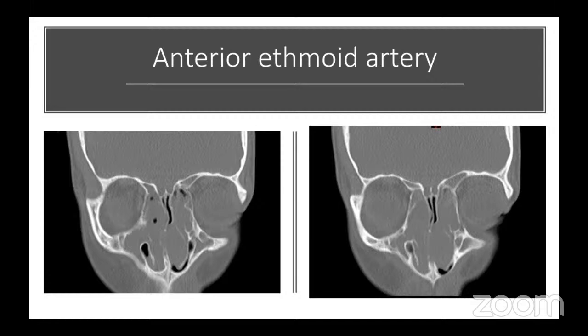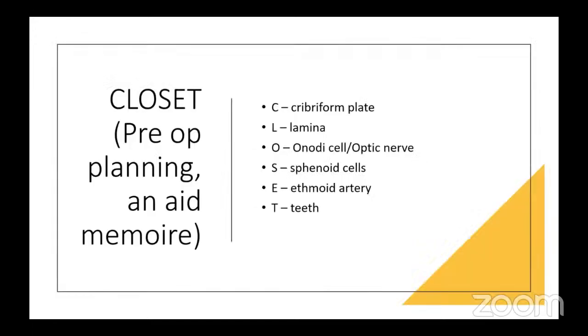This patient is at risk of orbital hematoma by injury to the anterior ethmoid artery if careful attention is not given. Thankfully, the procedure went uneventful. She remained asymptomatic. So this aide-memoire always helps to assess the CT scan prior to any nasal surgery, so that attention can be given to all the details.